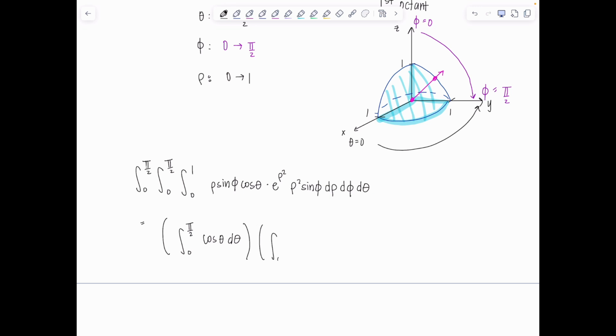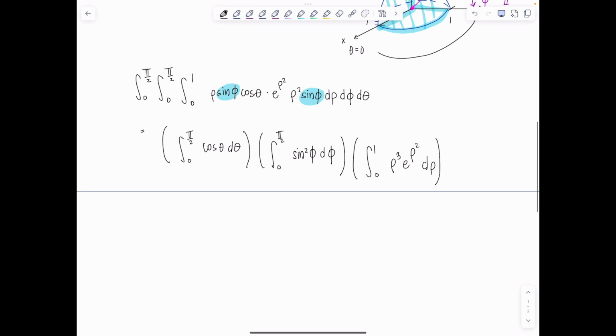Then 0 to pi over 2, that's for phi, and we have sine squared phi, because there's one here and one here, d phi. And then lastly, 0 to 1, rho cubed d rho. Good? Are we okay?